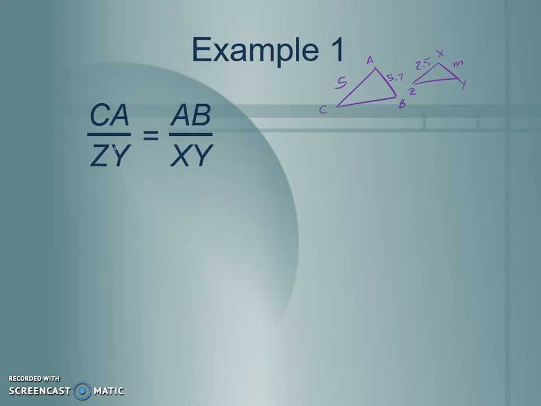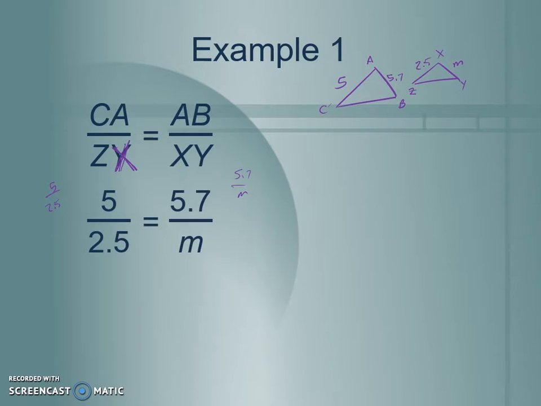So we want to set it up CA, so here's our side CA, so that'd be 5. And it's actually over ZX, because we see this is ZX, so that's a typo on the slide, so this should say ZX, which is 2.5. And then our AB side is 5.7. And the side we don't know, the XY, that is m.